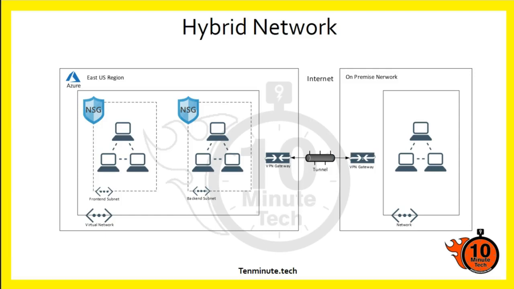Regardless, you're probably always going to have some kind of connectivity between these two environments. So in this instance, just as before in the VNet to VNet, you get a VPN gateway service here, and then you get most likely a physical VPN gateway appliance on your on-premise network. Make sure they're compatible, and then you configure them, and it spins up an IPsec tunnel between the two.